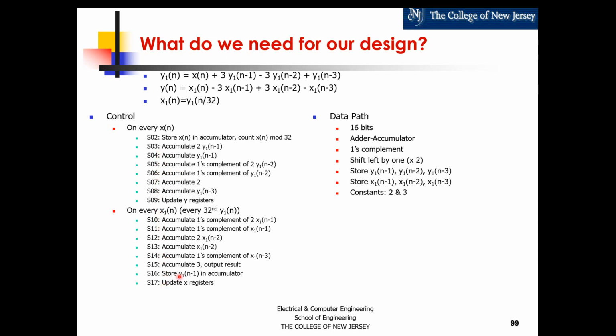Then I ask myself, if I need to exert this control from a logic perspective, what resources do I need in my data path? So just examining my algorithm and my state sequence tells me the following.